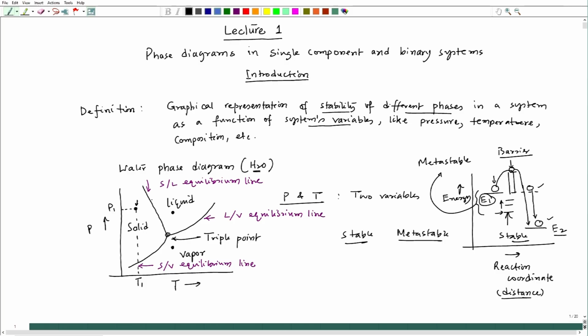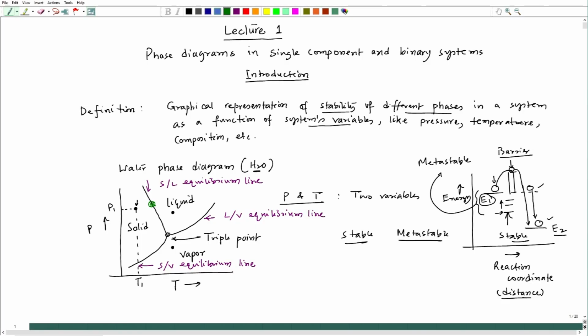But now if I try to mark on this particular line, that mark would give us an idea that solid as well as liquid are both having similar energy levels. So, both can coexist. Okay. But if we look at vapor, vapor would have existence, but only as a metastable existence.